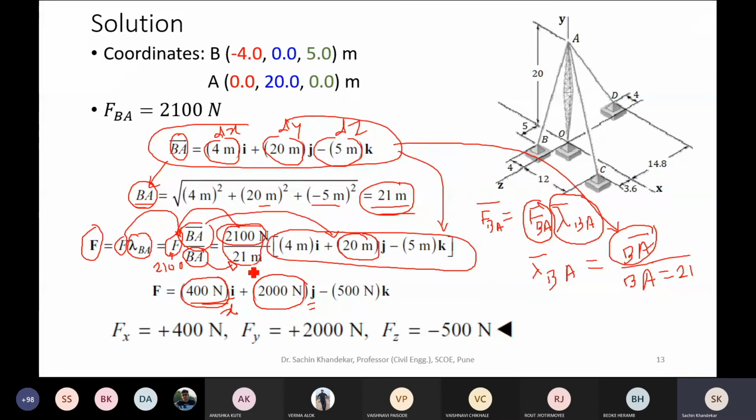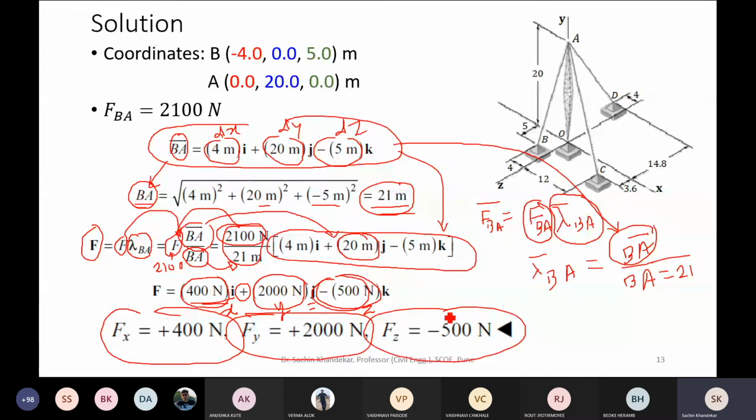This 2100 divided by 21 multiplied by 5, of course minus 5. So you will get the z component, which is minus 500 Newton. So 400 Newton is your x component, plus 2000 is your y component, and minus 500 is your z component of that given force, whose magnitude is 2100 Newton. So here the x, y, and z components have been written.